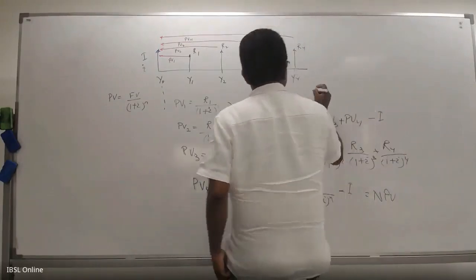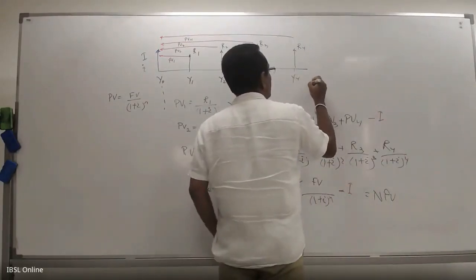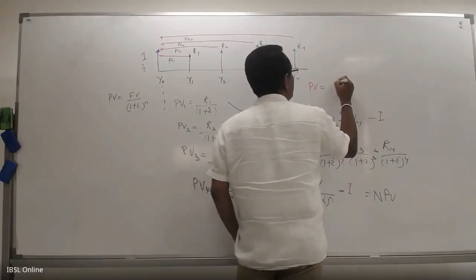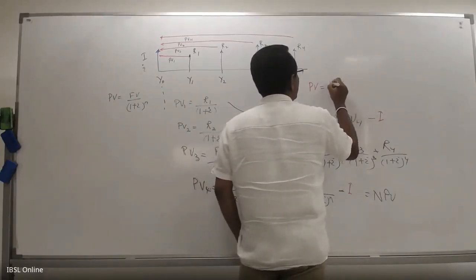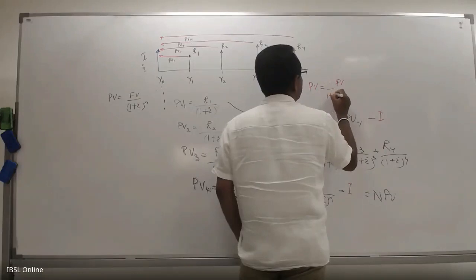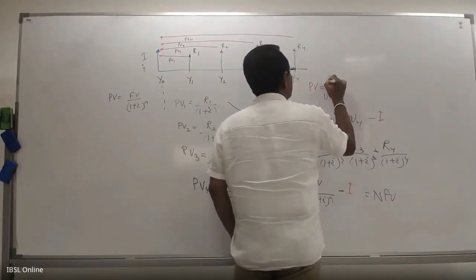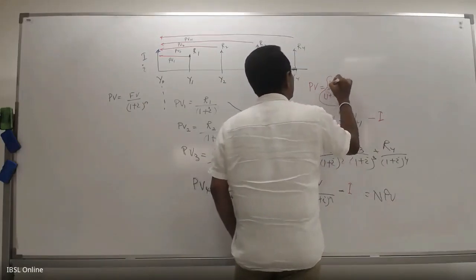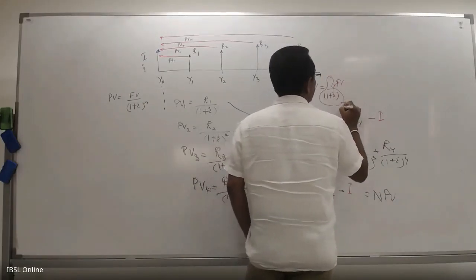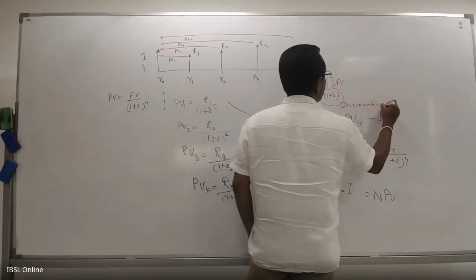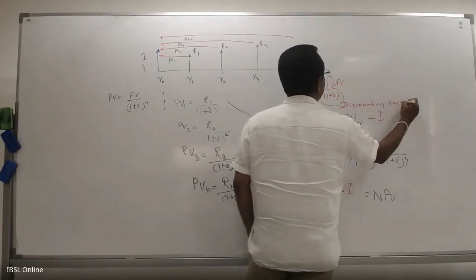Right? We say present value equals future value into 1 by 1 plus I. This factor is called the discounting factor.